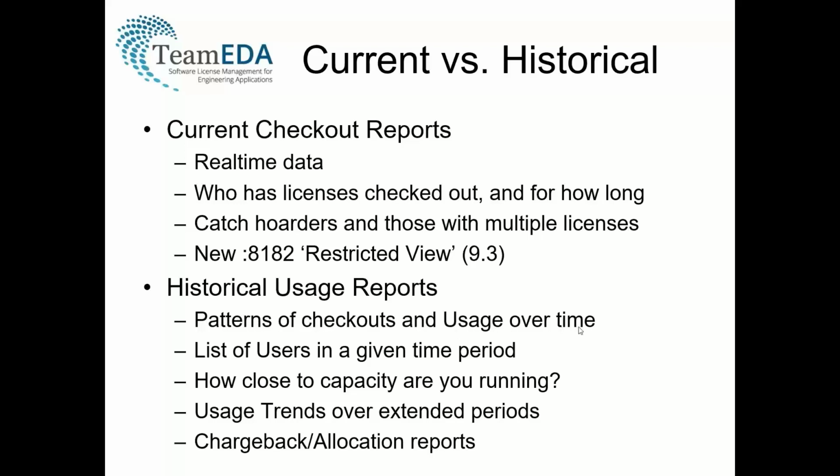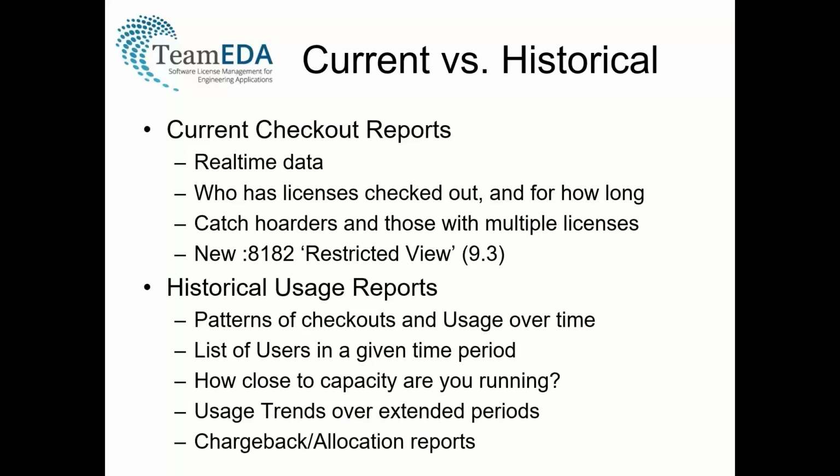Today we're going to focus on historical usage reports, which provide a way of looking at patterns of checkouts and usage over time. It can also provide a list of the users of a particular software feature or tool in a given period of time, and how much that user used the license, and how close are you to capacity. If you want to know that, like, are you running 50% of capacity, 20%? And of course, your usage is always going up or down.